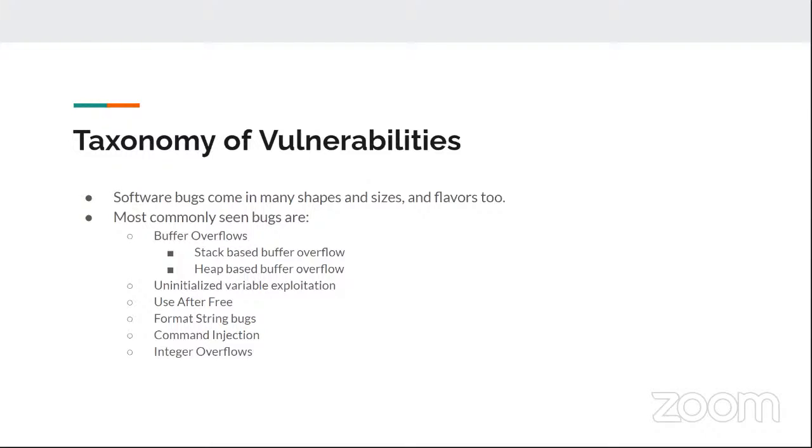So there are multiple functions which use format strings. Now after that, there are command injection bugs. If you are familiar with web applications, you might have encountered command injection bugs in your own findings or during your assessments.